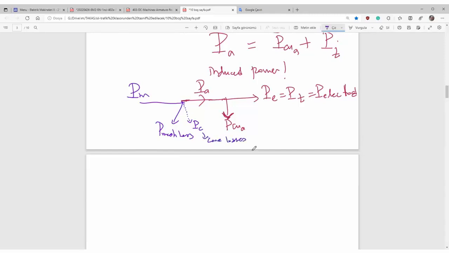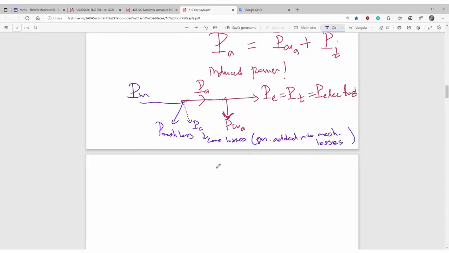But they act as if they are mechanical losses, so they are generally added into mechanical losses, just like in the synchronous machine.